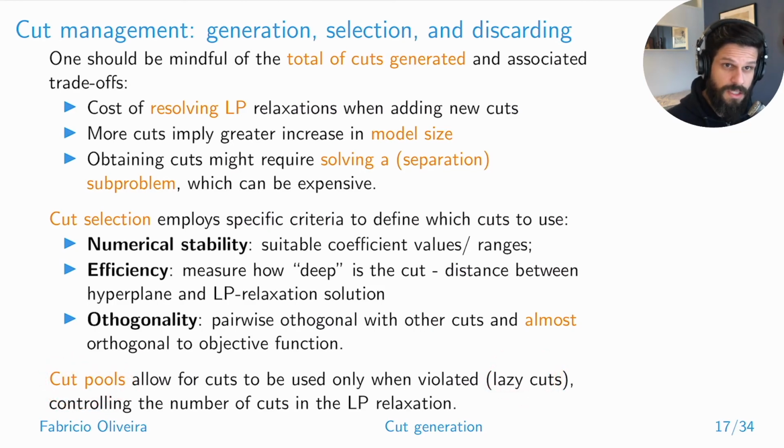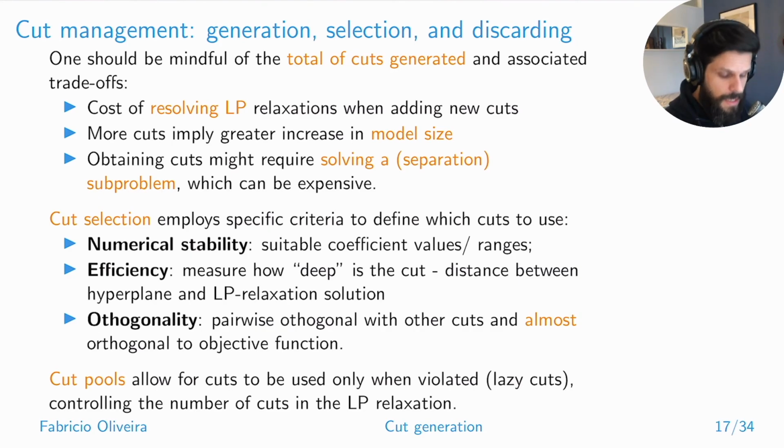User cuts do not necessarily need to be checked, but they can be generated on the fly. But lazy cuts are those that are in the cut pool like I described before, meaning that they are checked against violation once you find a solution to declare that the solution is truly feasible. So a lazy cut means that you can consider the cut without having to manipulate it in the matrix.